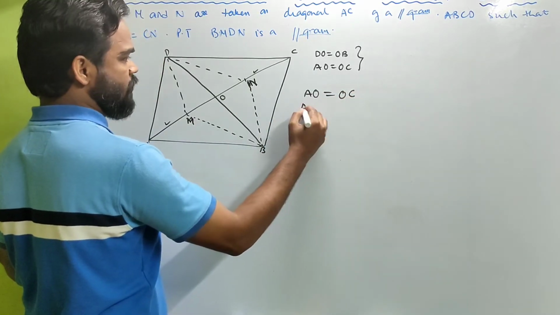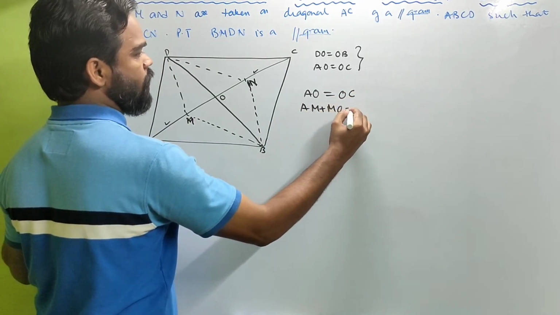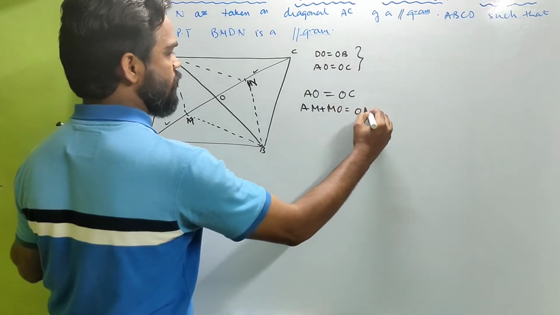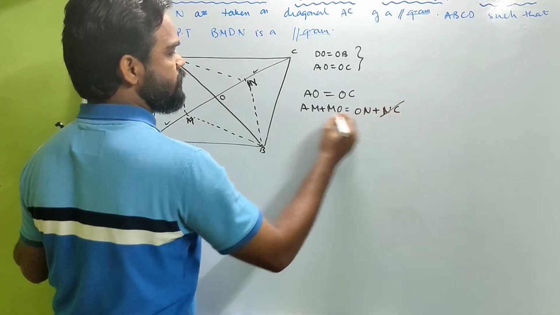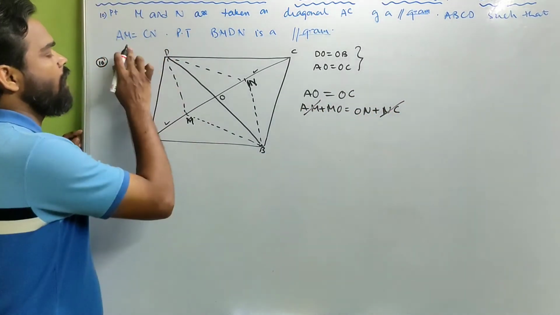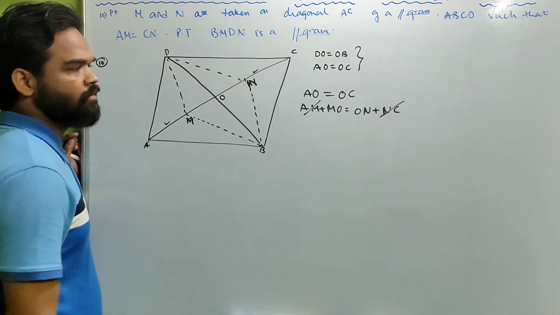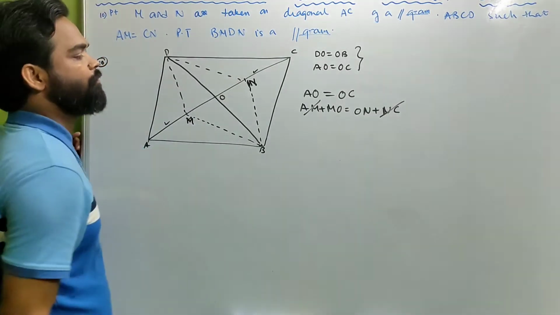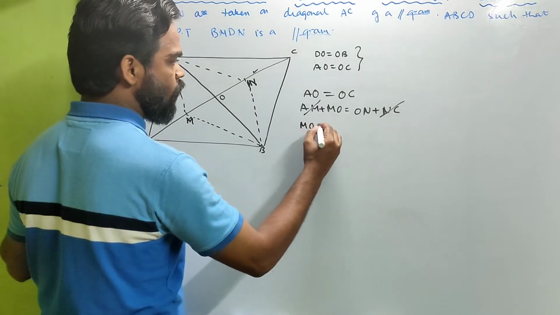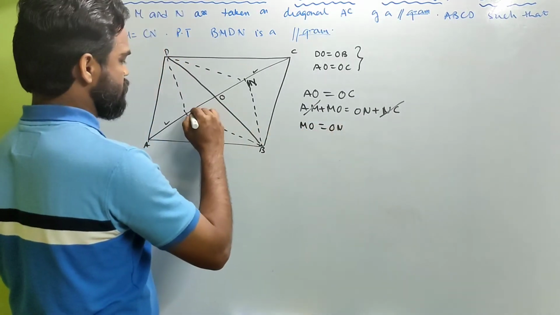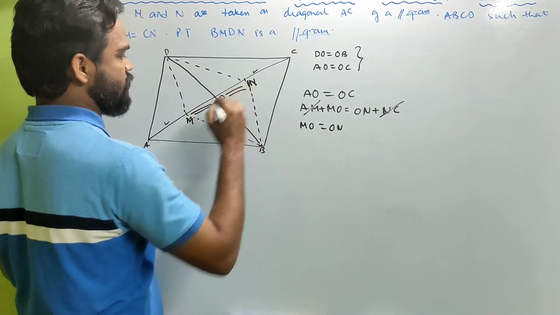AO can I write as AM plus MO, and OC can I write as ON plus NC. Now NC and AM are same, or CN. Okay, CN and AM are same, which means MO and ON are same, which means this and this length are same.